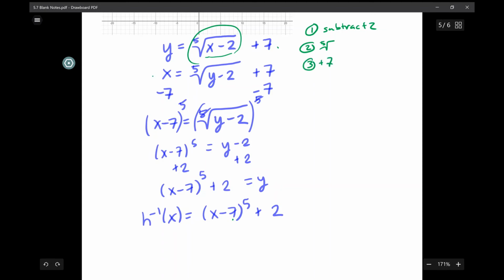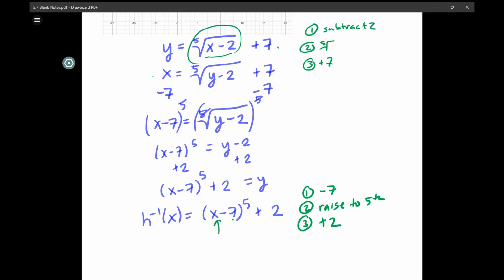If we look at the inverse function, we put a value in for x, the first thing you would do would be the opposite of the last thing you did before, which is subtract 7. After you subtracted 7, you would raise to the fifth, right? And the last thing you would do would be to add 2, okay? So these are all opposite operations in the opposite order.